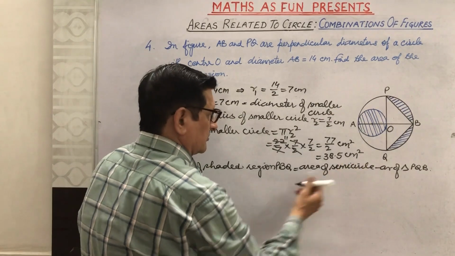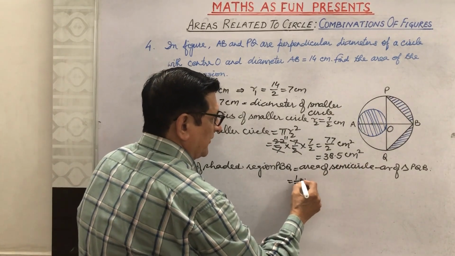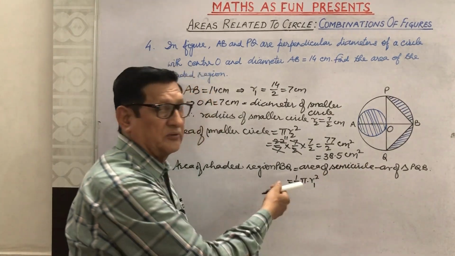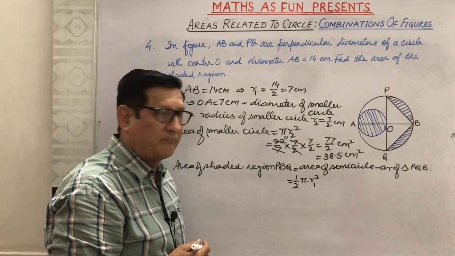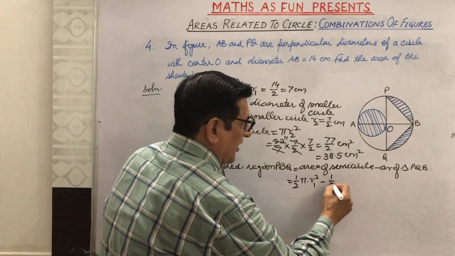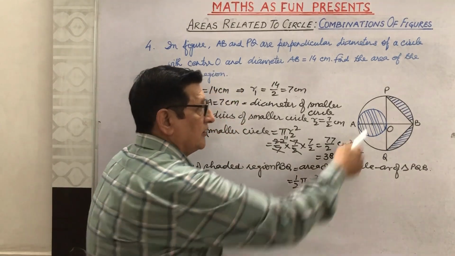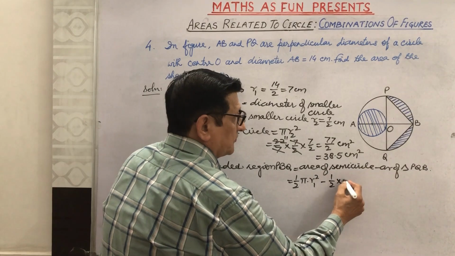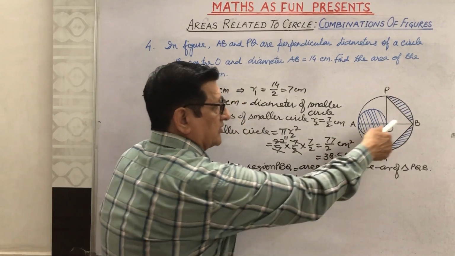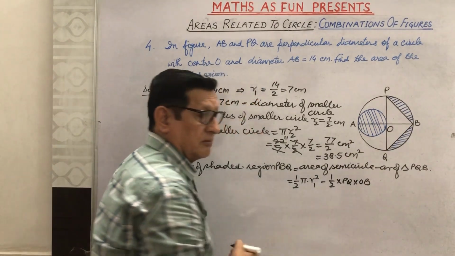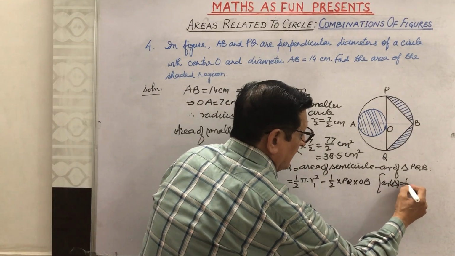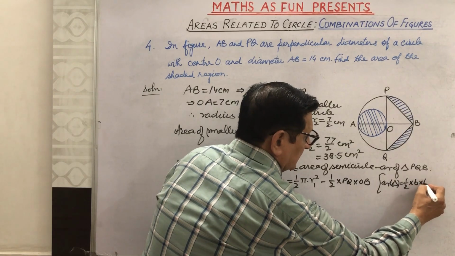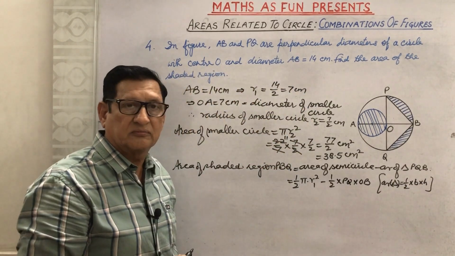Area of semicircle is half into pi into r1 square, because this is the semicircle from the large circle, minus half into base, that is PQ, into the altitude, that is OB. Because we know the area of a triangle is given by half into base into height or altitude.